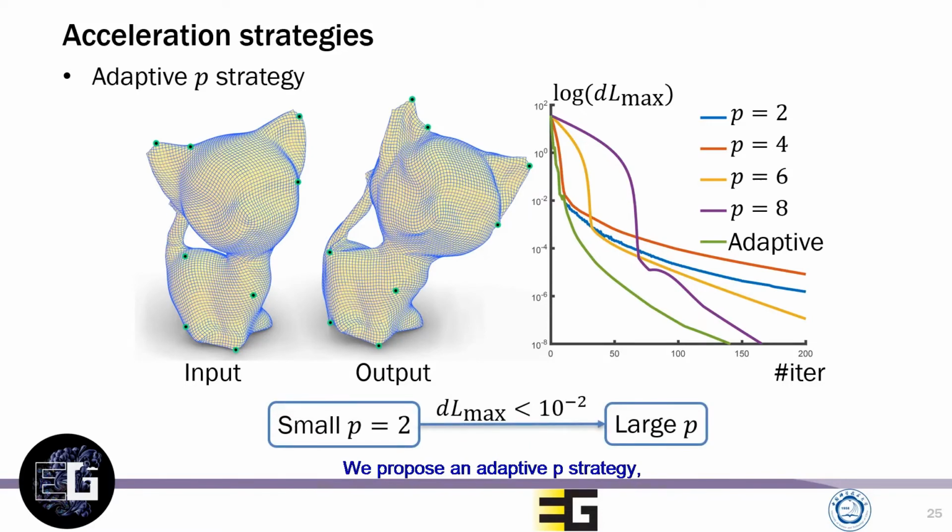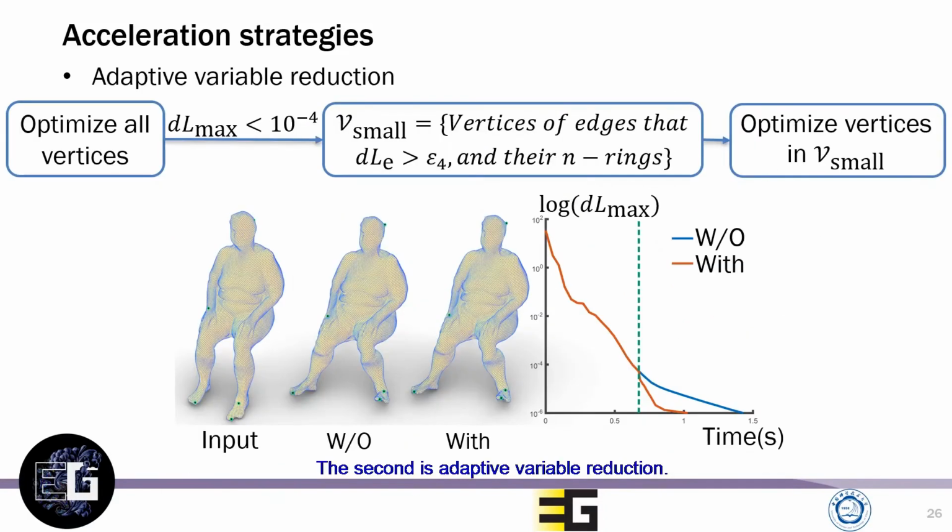We propose an adaptive p strategy, which uses a small p at the beginning and adopts a large p in the process. The second is adaptive variable reduction. We observe that the edge length deviation of most edges will be tiny after several iterations. It indicates that these edges do not need to be optimized in the subsequent iterations.